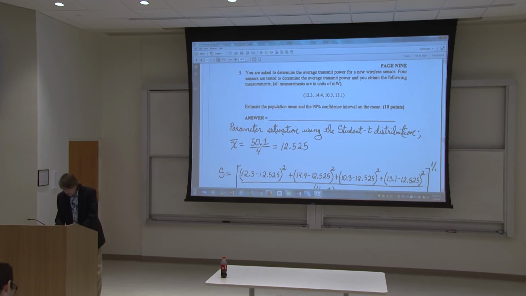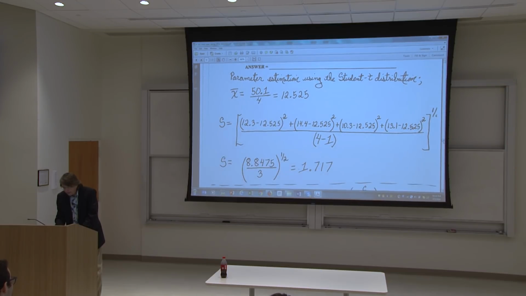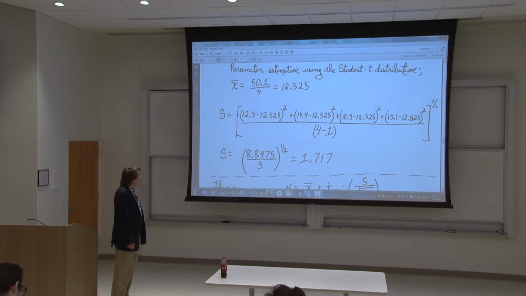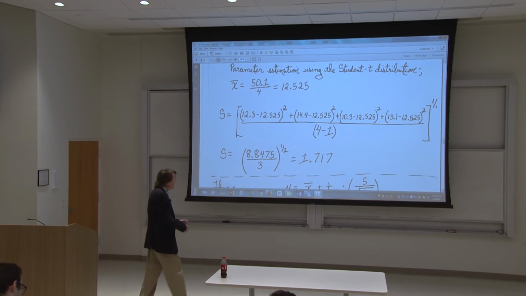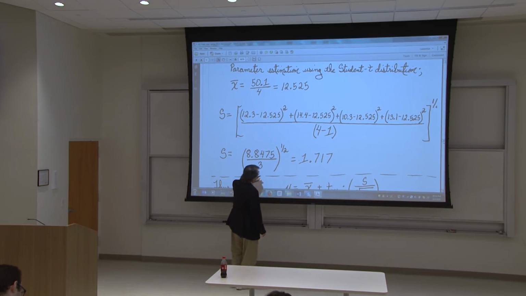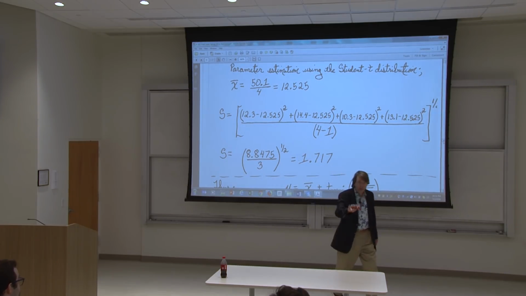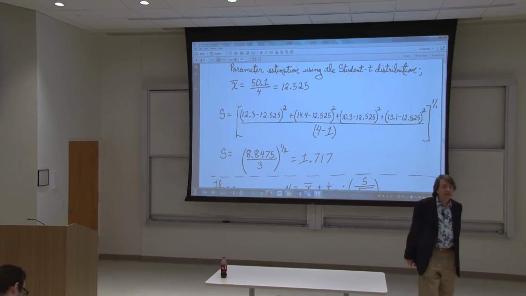Next, I calculate the standard deviation. The formula is given on the exam. The key thing I want to point out in the formula is that for the standard deviation of the sample, you divide by the degrees of freedom, not by n. So it's n minus 1. That's clearly mentioned in the formula, but just to emphasize it here.